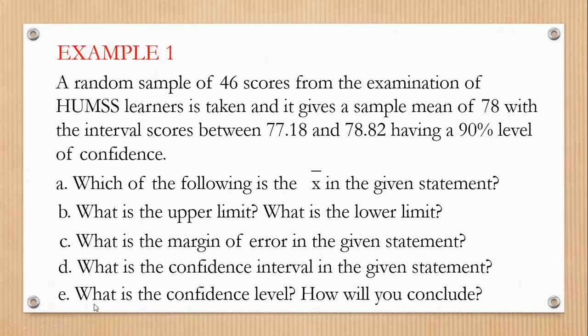And then for letter E, what is the confidence level? The confidence level is the 90%. So how are we going to conclude? We are 90% confident that the mean score lies between 77.18 and 78.82.